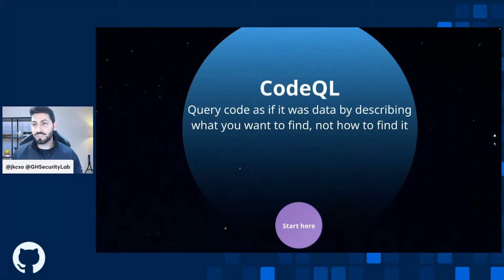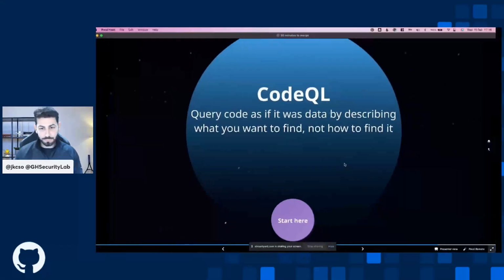Our demo is designed for total beginners, and while our examples are in Java, you don't need extensive experience with Java either, as what I will show you will be transferable to other languages supported by CodeQL, such as JavaScript, Python, Go, Rust, C, C++, and C#. Now, let's move to our demo.